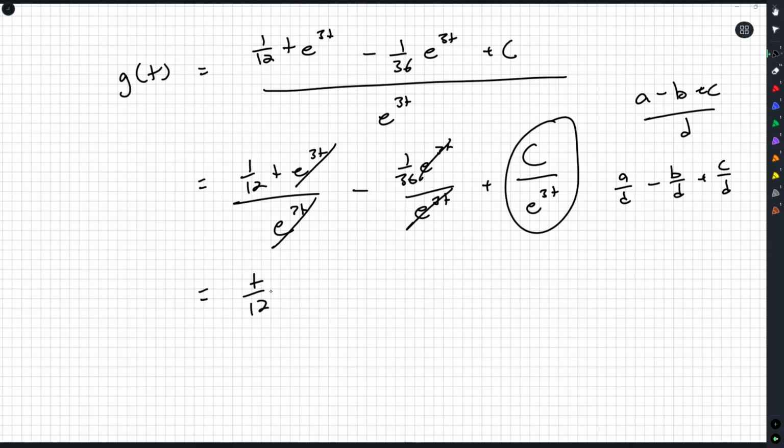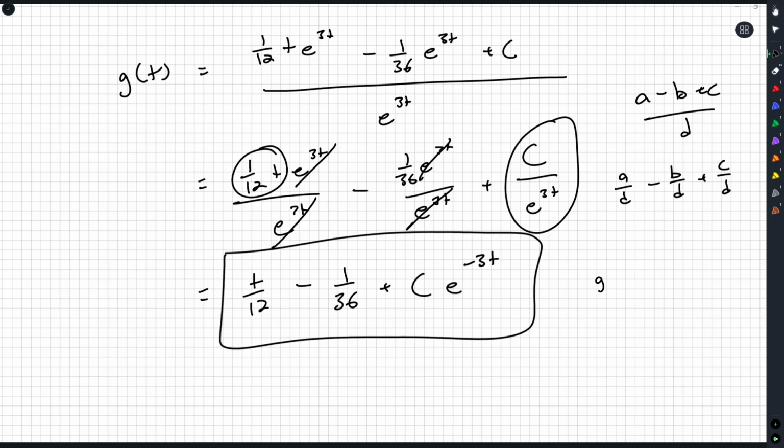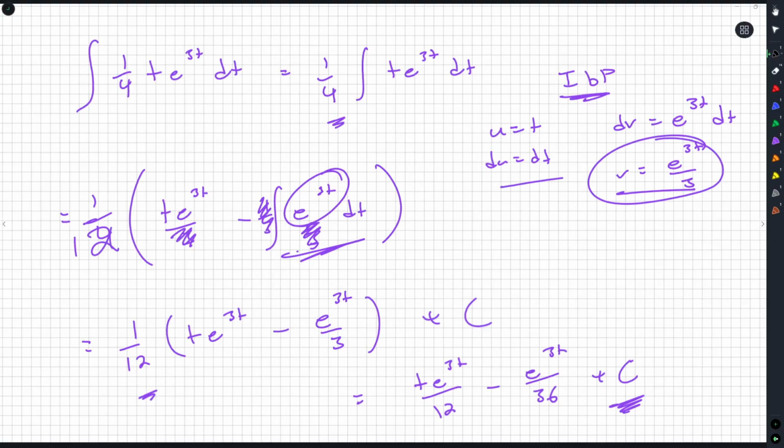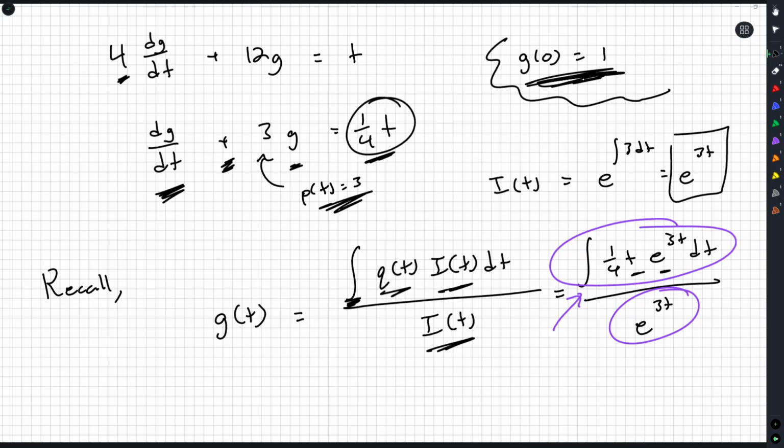So we're left with what still survives. T over 12 minus 1 over 36. And then plus c e to the minus 3t. So this is, as I said, our general solution. Great. But this is an initial value problem, so we need a particular solution. We want the one where g at 0 is 1.